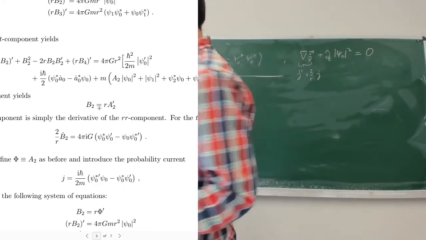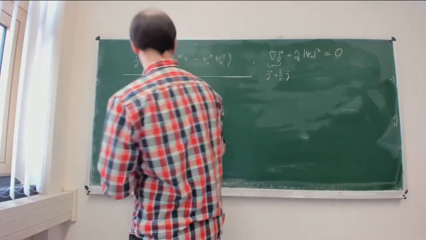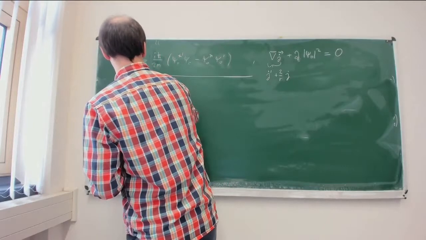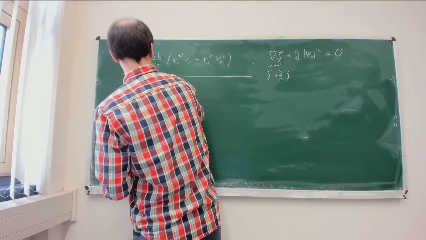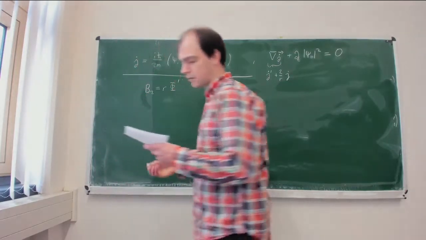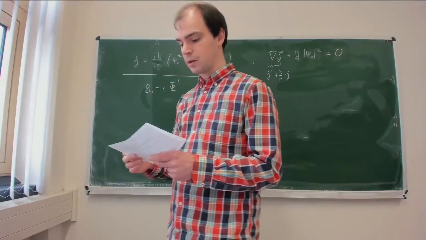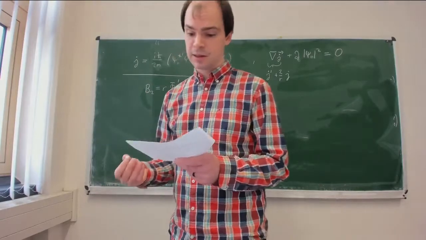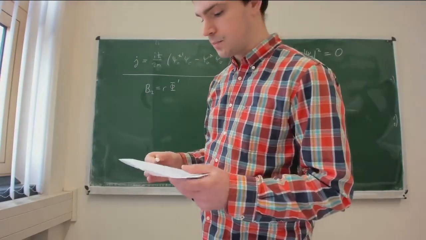And this we can write as B2 equals R phi prime, with the potential appearing in our Schrödinger equation.